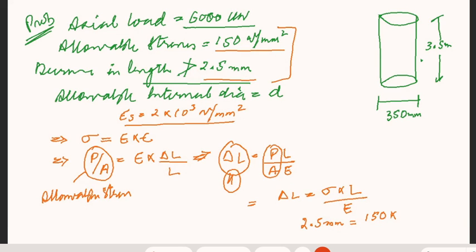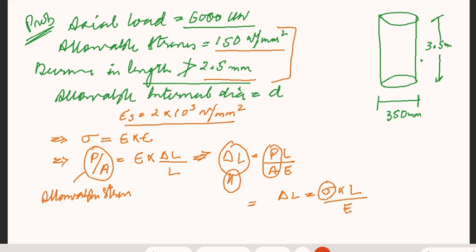Or what we can do here is check before applying the values of this stress. We will not apply the values of allowable stress first.